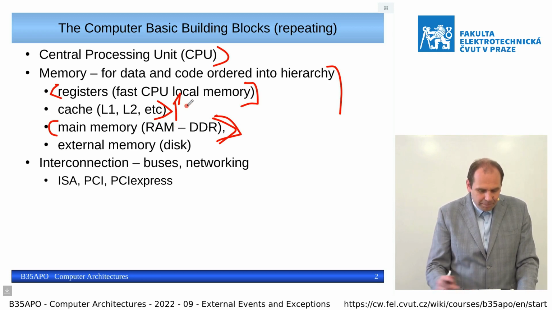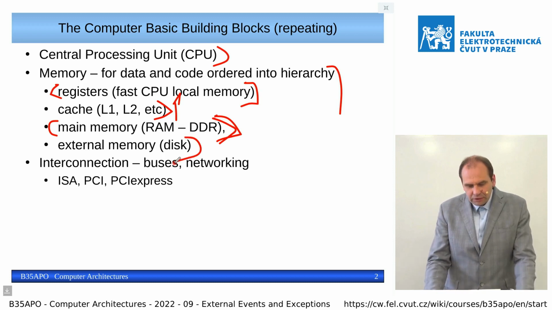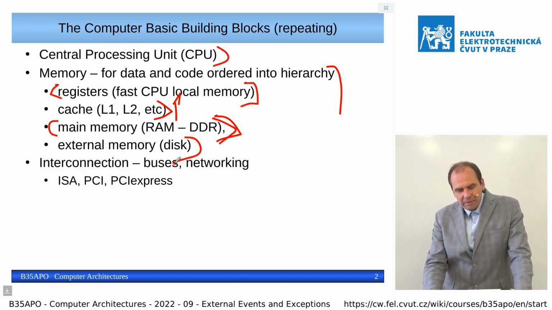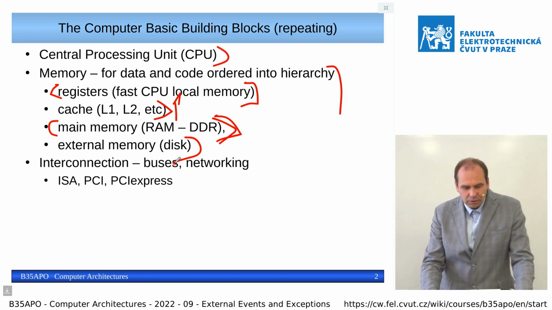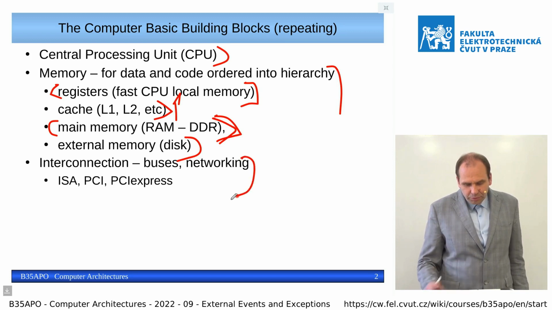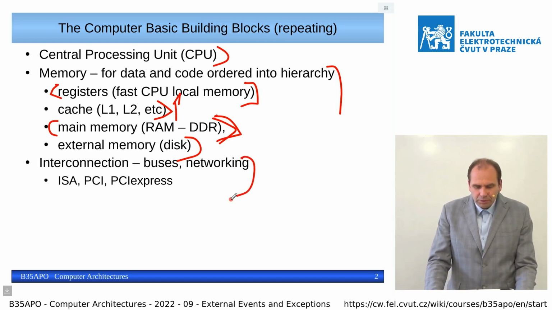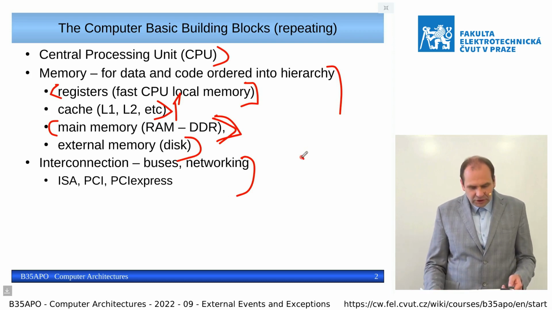So this is the temporal and spatial locality, which helps us to speed up processing. And then we have some relatively slow external memories like disks and SSDs and so on. And we interconnect the subsystems of the computer through some buses. So it was the topic of the last lecture.